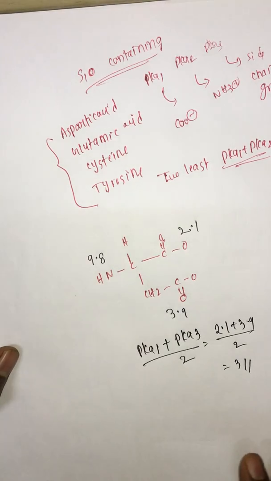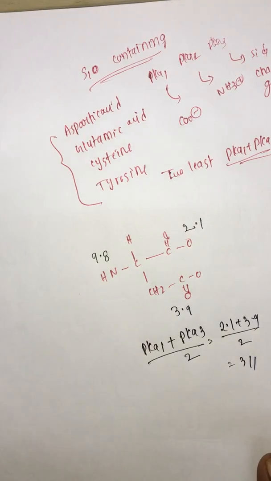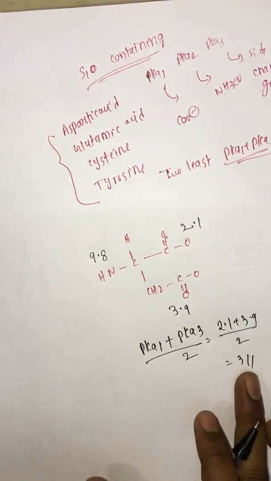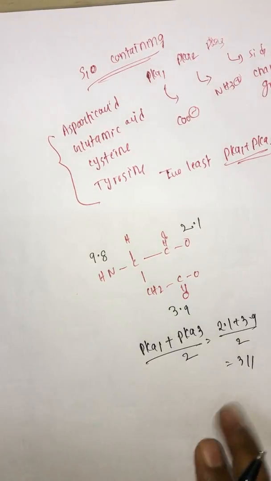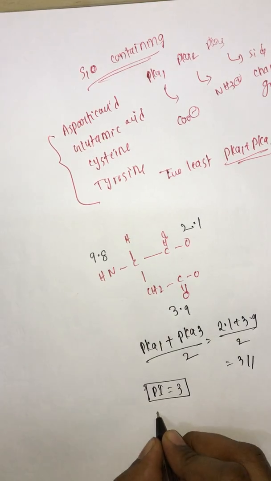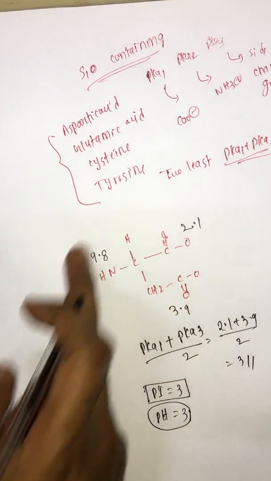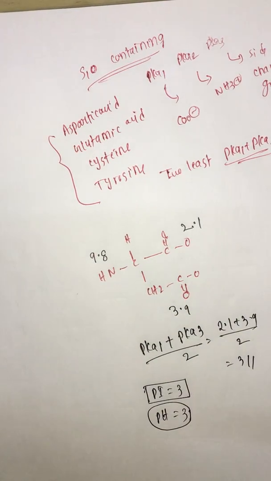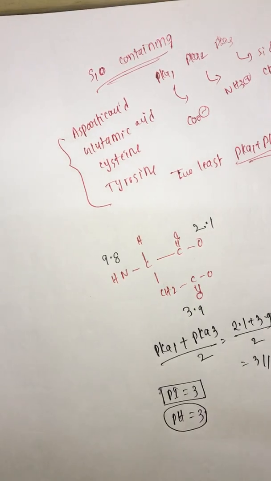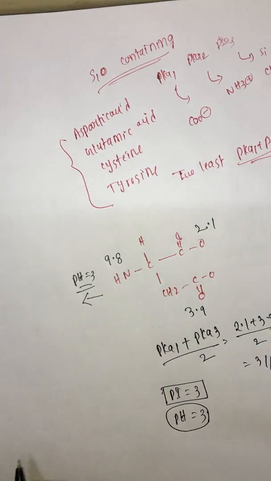So we can cross check this. At pH 3, how will it exist? Whatever pI value you get, here the pI value you got is 3. Now take pH equals 3. At this pH, the amino acid has to exist in the form where the net charge is 0. Now we'll see how it exists at pH equals 3.